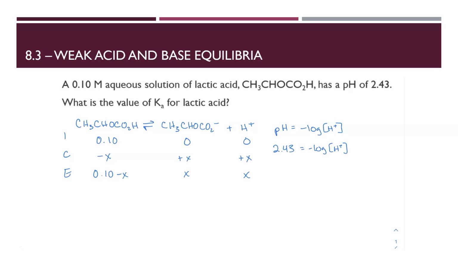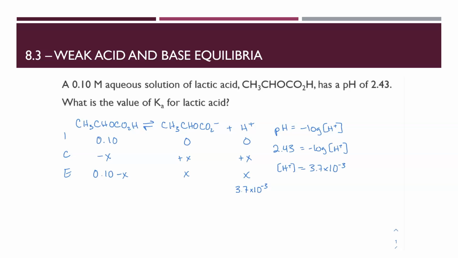So we do the inverse log of negative 2.43, which gets us a hydrogen ion concentration of 3.7 times 10 to the negative 3. So that tells us what our value of X is. So we know at equilibrium, our hydrogen ion is 3.7 times 10 to the negative 3.